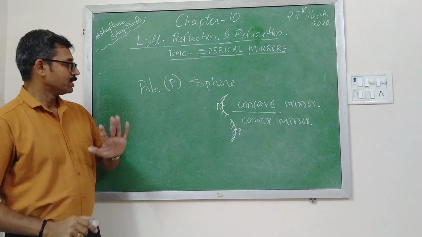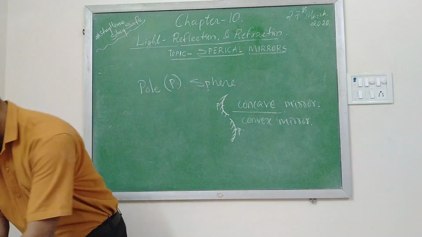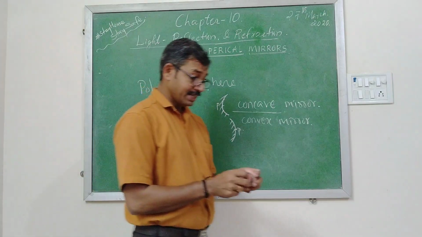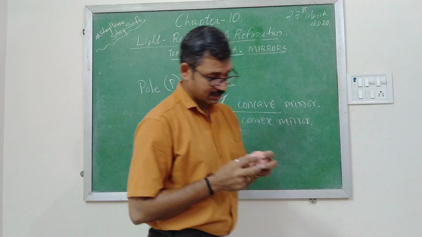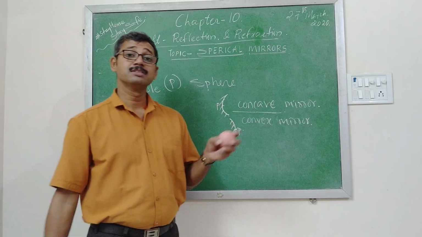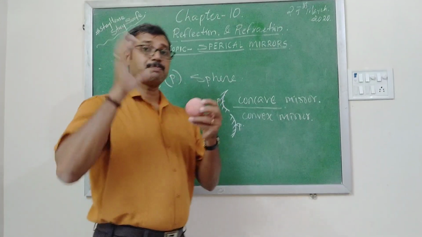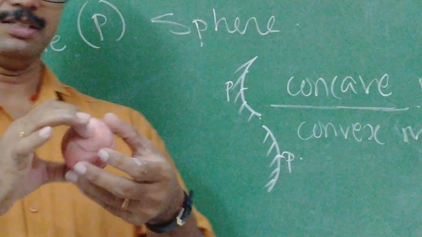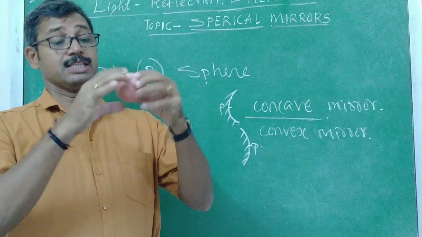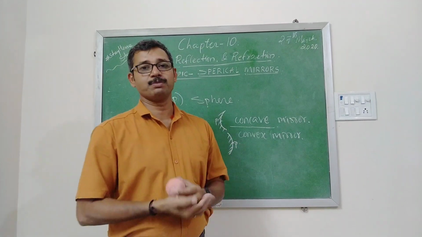Now the next one. We see that this mirror is a part of a sphere. That's why it is called a spherical mirror. If this mirror is a part of a sphere, you know that the sphere has a center, which we normally studied in geometry.